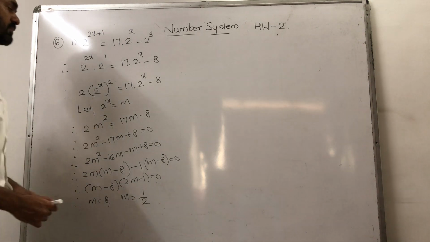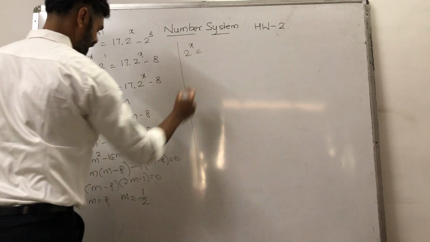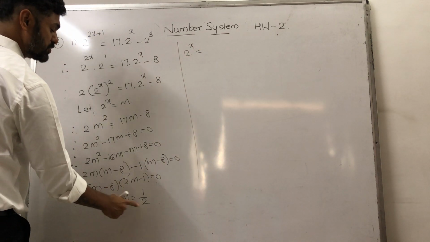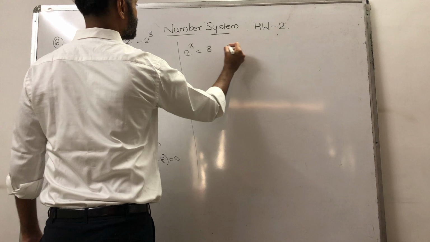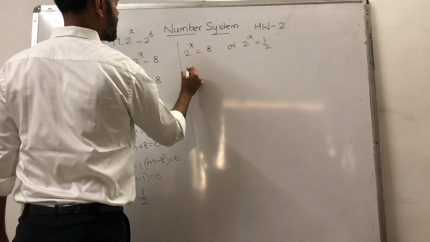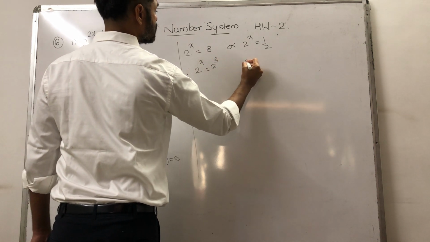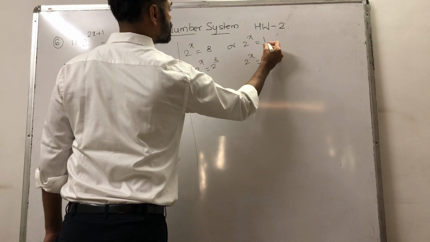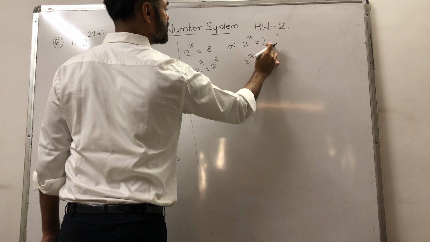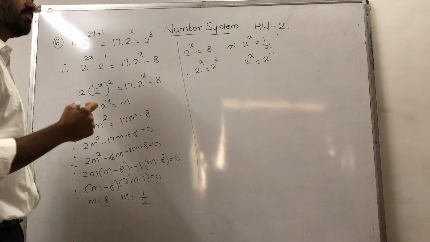But what is m? m is 2 raised to x. So now we can say therefore 2 raised to x is 8 or 2 raised to x is 1 by 2. Now what is 8? 8 is 2 cube. And here can I write 1 by 2 as 2 raised to minus 1?